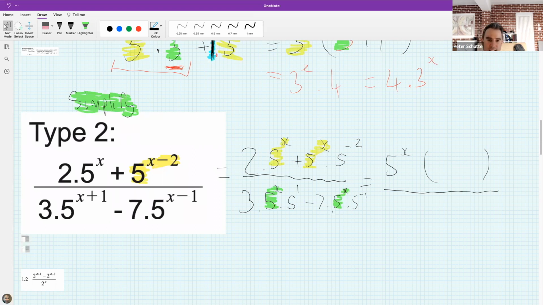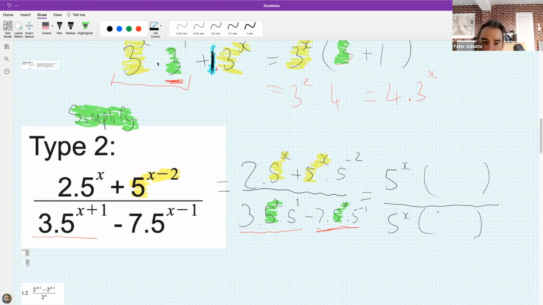Now, I just want to point out, in order to see it, look at how I split. I took this and I split it up into pieces in order that my common factor was easy to see. And I did the same thing here. Notice how I split it. If you split it, it's easier to see that the common factor is the same thing. So you're right. The common factor is 5 to the x.